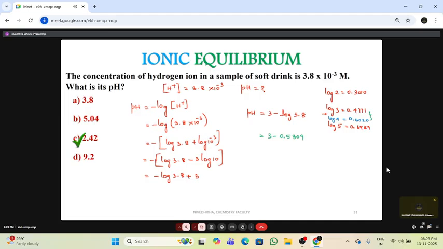If the value of log 3.8 is 0.5809, then what is its pH? 3 minus 0.5809. What is the answer, Kanna? 2.95 something, ma'am. Kanna, is it 2.9? Yes, ma'am. Can you please do it again?